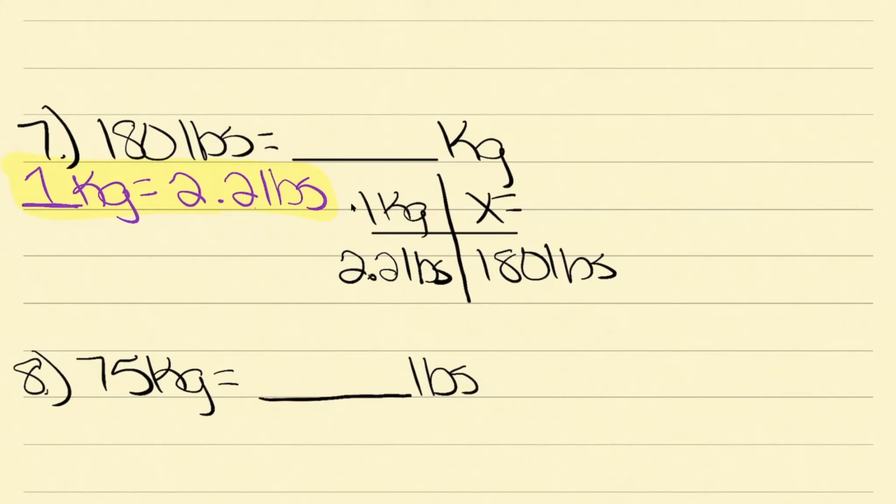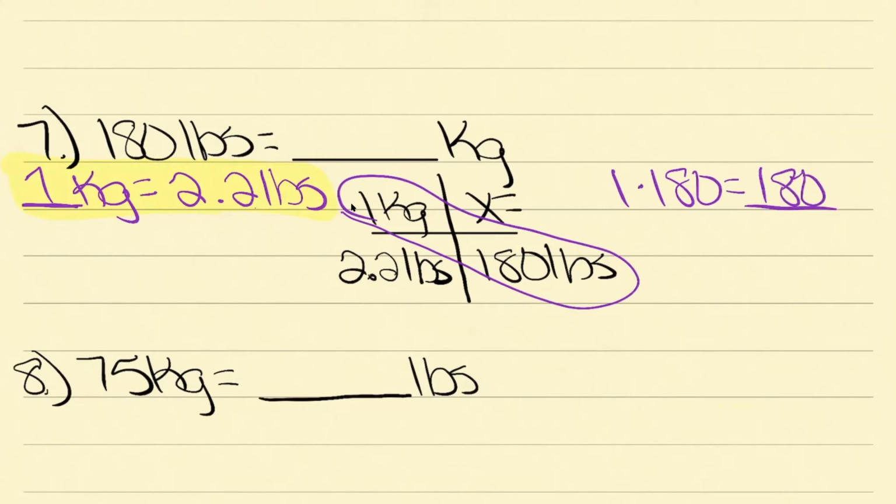Cross multiply. 1 times 180 equals 180 divided by 2.2, the only thing we have left. 180 divided by 2.2 is 81.8 kilograms.